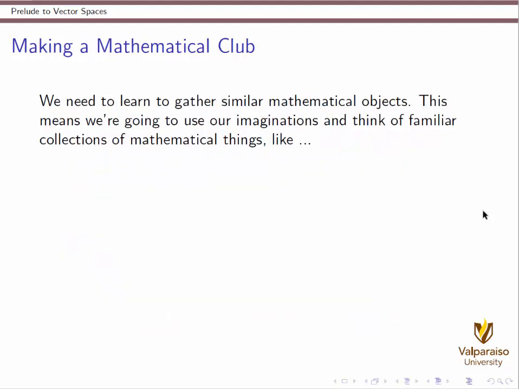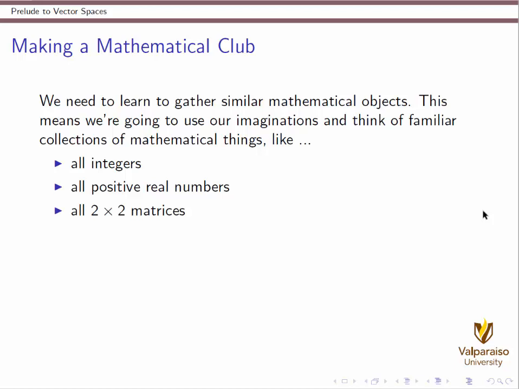So first of all, let's talk about what it means to gather similar mathematical objects. Well, think about just saying, I'm going to pull together all integers, or I'm going to gather all positive real numbers, or I'm going to gather all 2x2 matrices. So what we're doing is we're making gatherings, making groups of similar things. Maybe we're going to gather just diagonal 4x4 matrices.